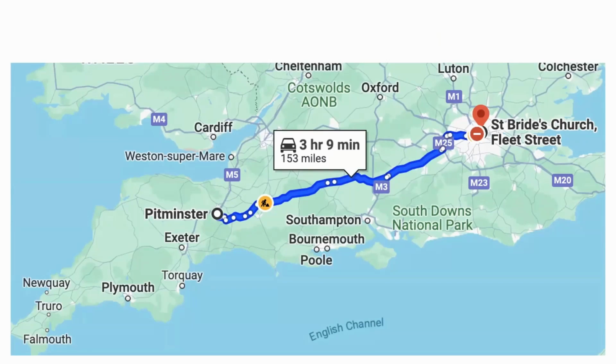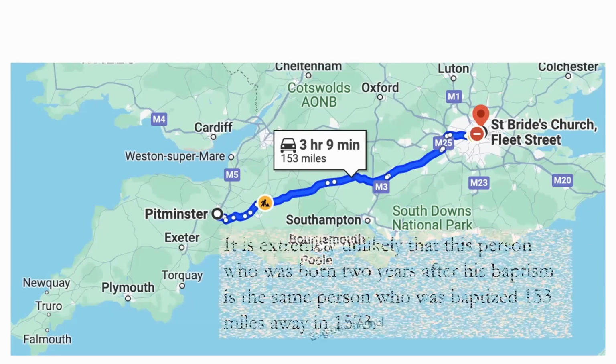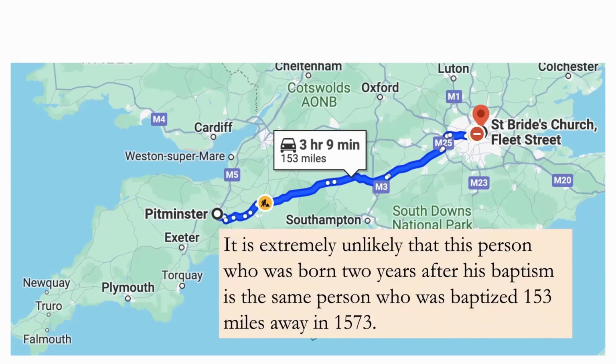So somebody had to travel a long distance away from London in the 1500s to have somebody baptized. I mean, conceivably it's possible, but from a practical standpoint, looking at the time frame and the distance traveled, it seems almost impossible. So it's very unlikely that this person who was born 2 years after his baptism is the same person who was baptized 153 miles away in 1573.